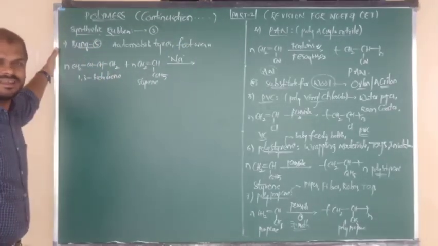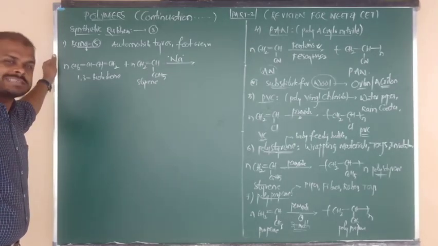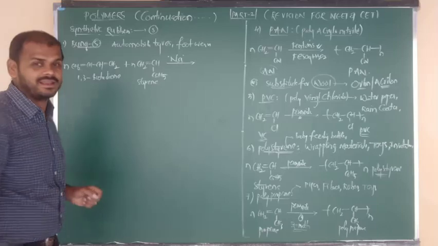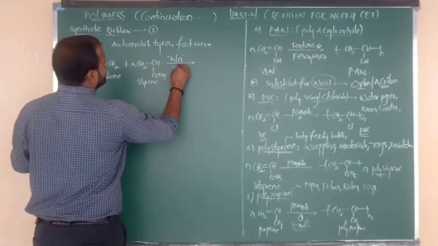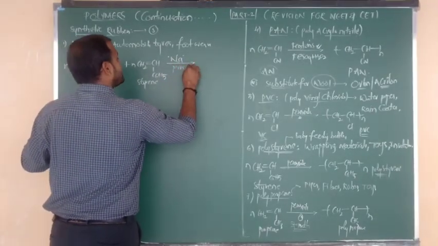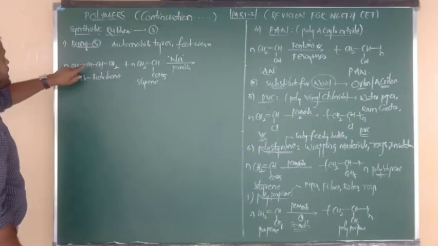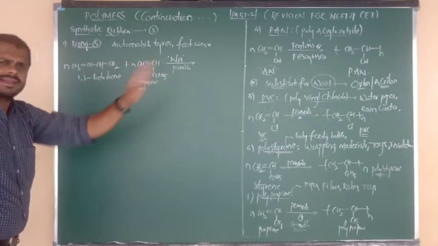In Buna S and Buna N rubbers, sodium acts as the catalyst, and we can also use peroxide. Now what will be the product? Same thing: double becomes single, single becomes double.